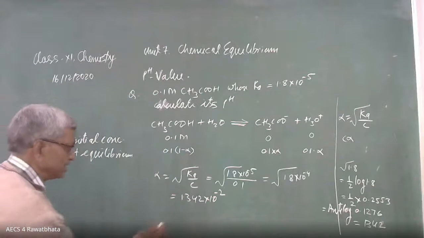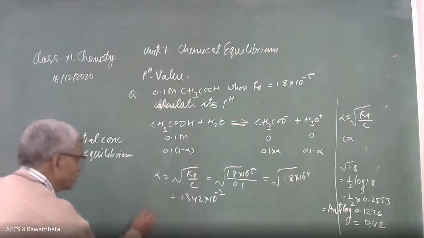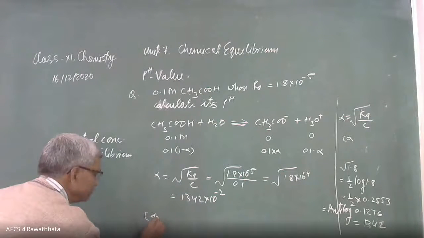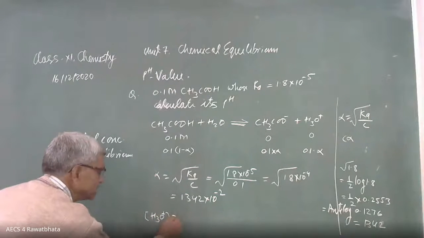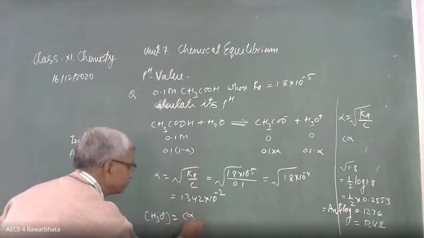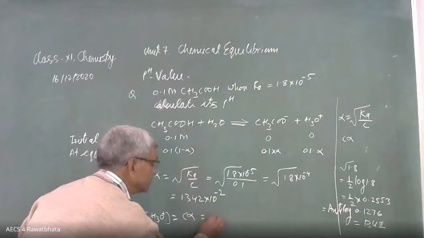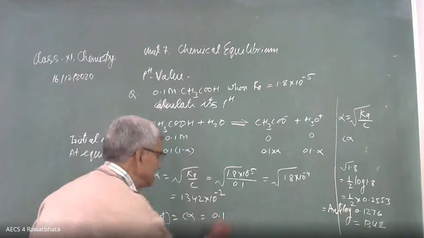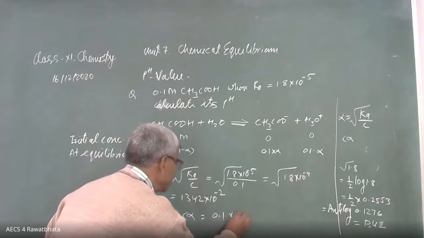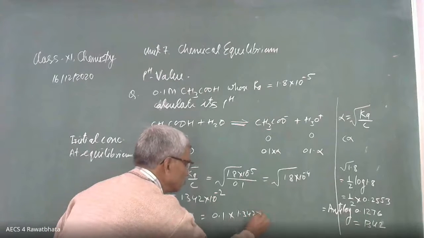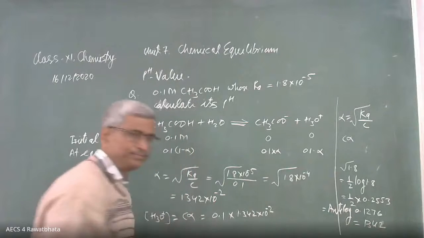Okay. So, what is the molar concentration of H3O positive? H3O positive is equal to C alpha. Concentration is known, 0.1 into 1.342 into 10 raised to power minus 2.